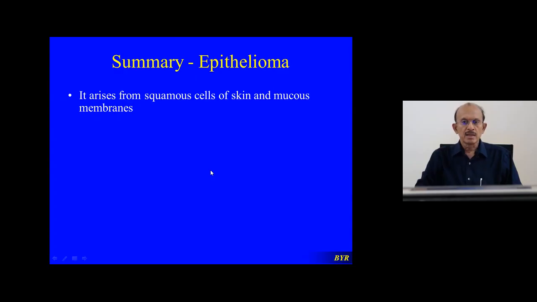The epithelioma arises from squamous cells of the skin and mucous membranes, most commonly at mucocutaneous junctions like lips. It is the second most common cancer of the skin. The first most common cancer of the skin is basal cell carcinoma.